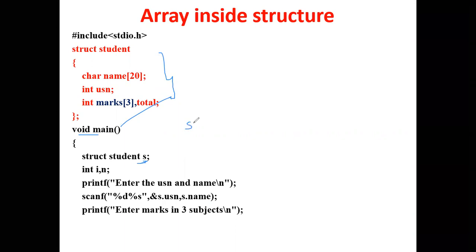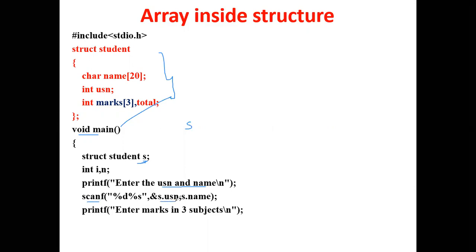We have to store his name, USN, marks, and find the total of 3 marks. First ask the user to enter the name and the USN, the same as you asked the user to enter the employee number and the salary in the previous example. In the same way you are asking using the scanf statement.